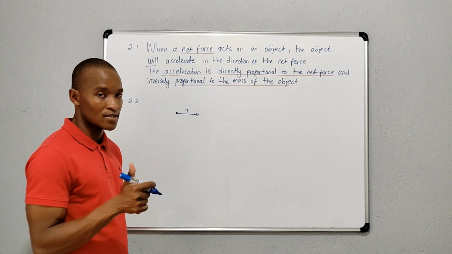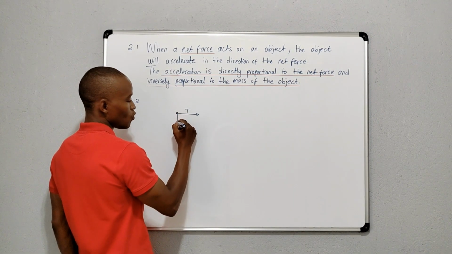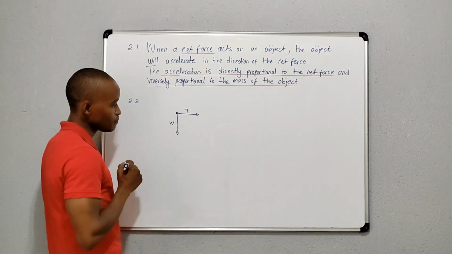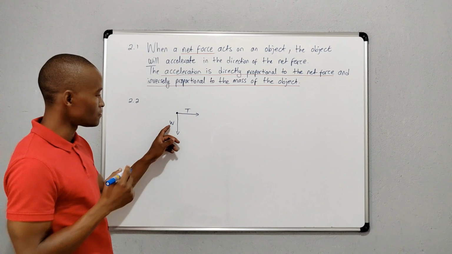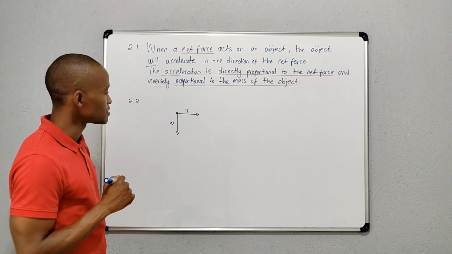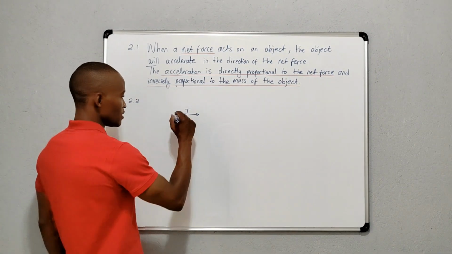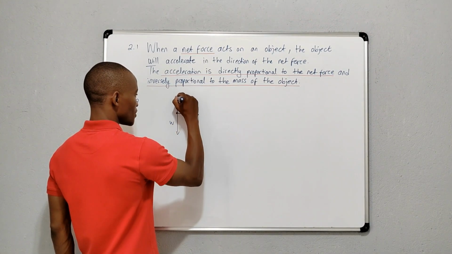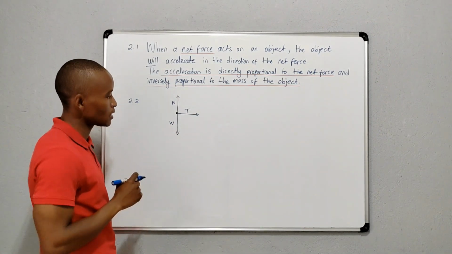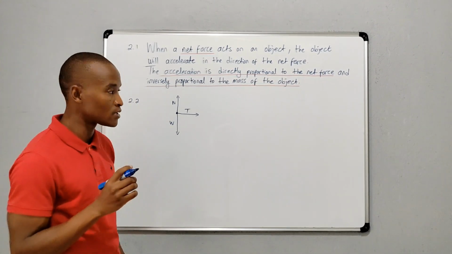It has mass, and therefore it will definitely have some weight. If you like to use Fg in terms of W, it's up to you, same difference. And because it's on a flat horizontal surface, you'll definitely have a normal force going up equivalent to the weight. And we are told that there is a frictional force.